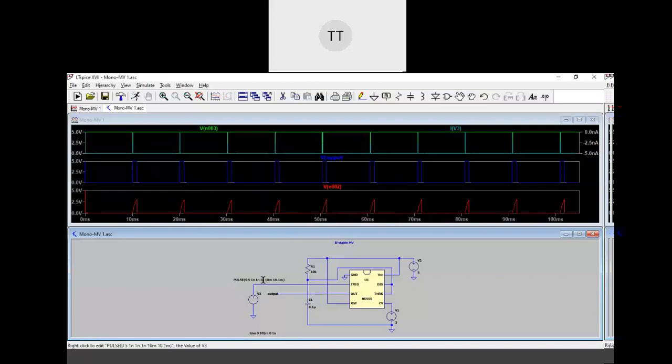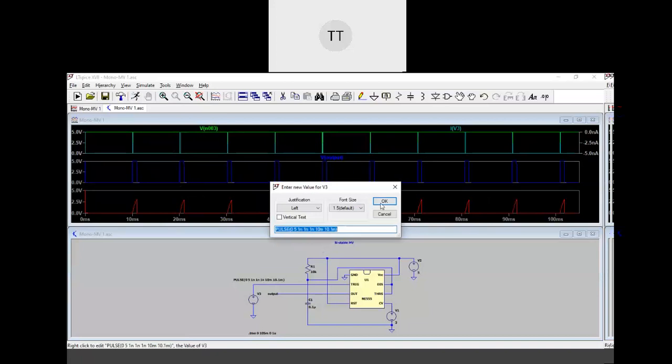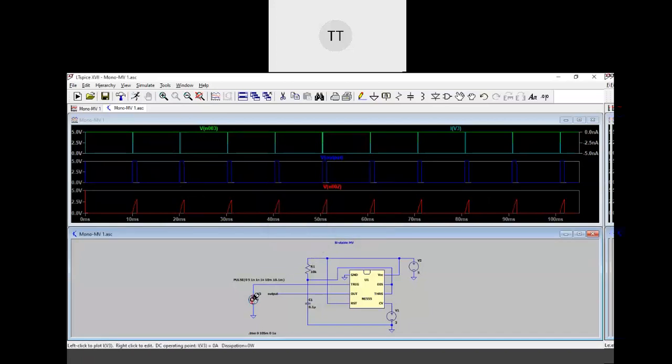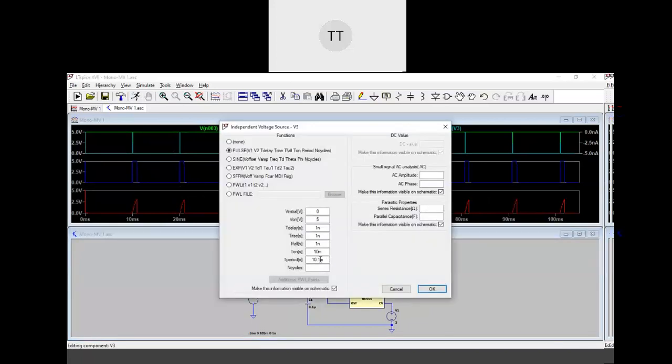So what I'll do is slightly make this change. Let me make it 15 milliseconds. In what way will this affect your waveform?